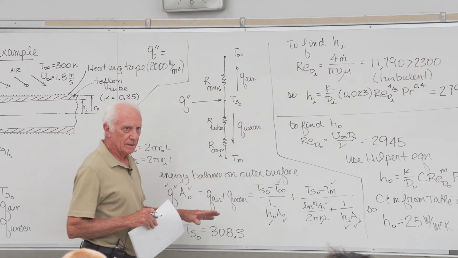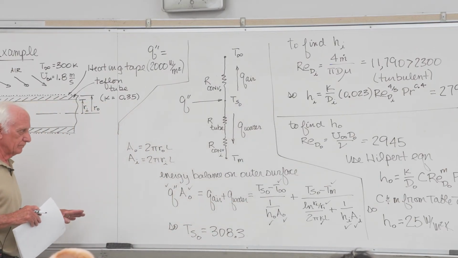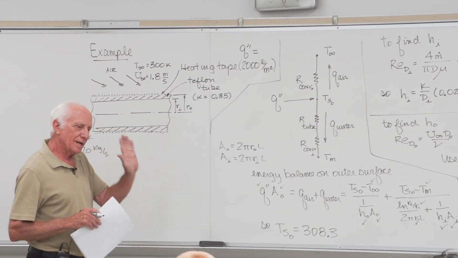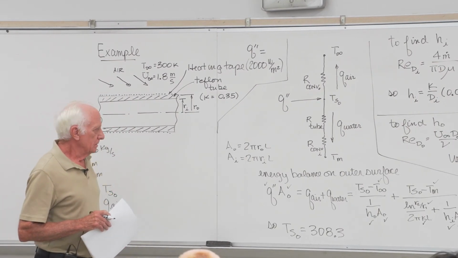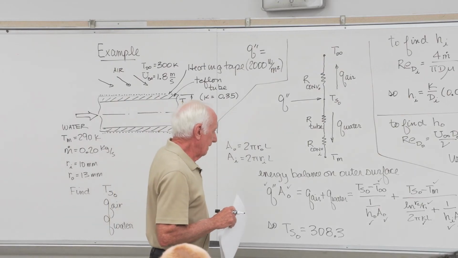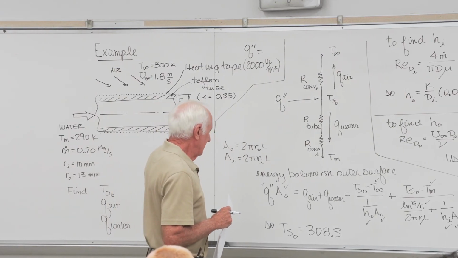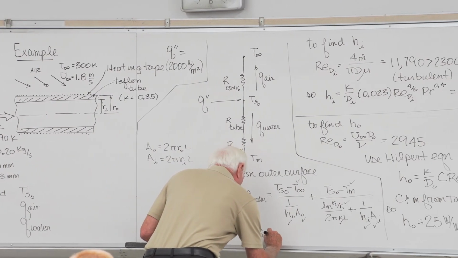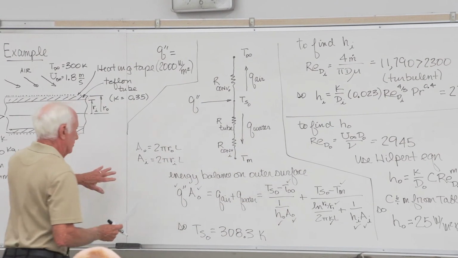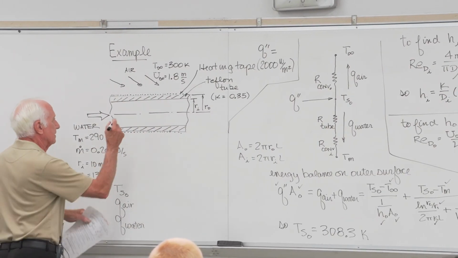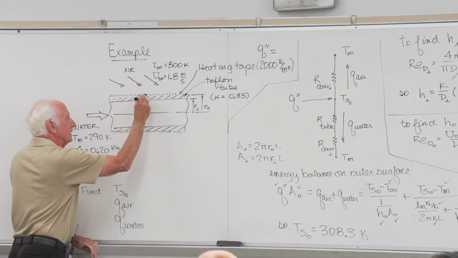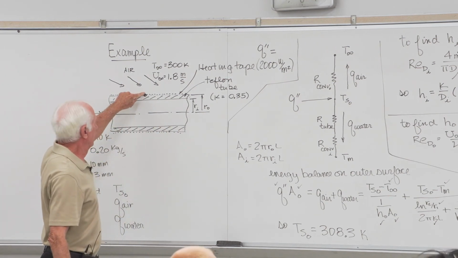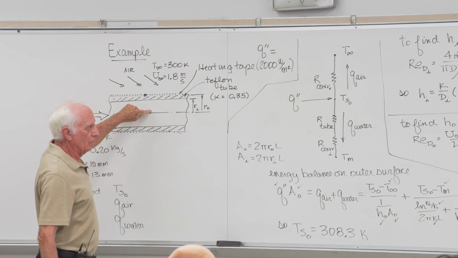They all cancel out, disappears. So don't worry about that. You don't know L. This is at a particular x location along the tube. Okay, that's degrees K. So now we know on our picture here that the temperature right here is 308.3. Hotter than the air, hotter than the water.